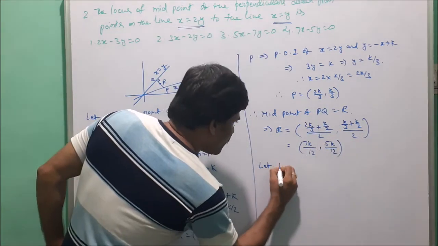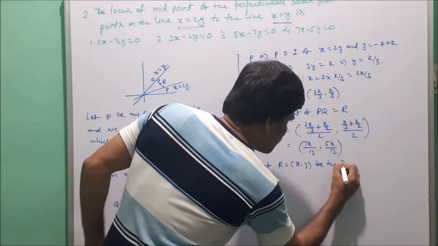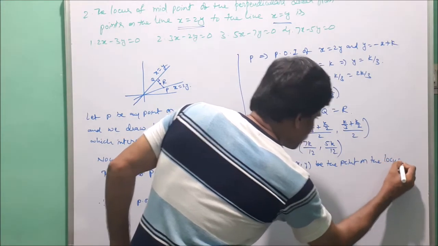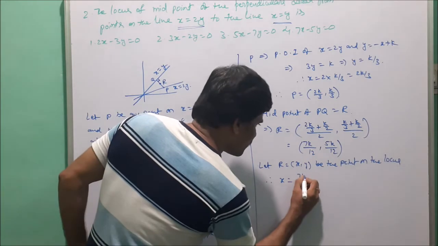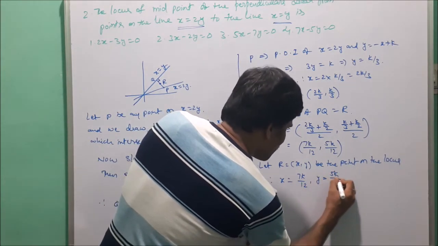Let R equals (x, y) be the point on the locus. Therefore, we equate x equals 7k by 12 and y equals 5k by 12.